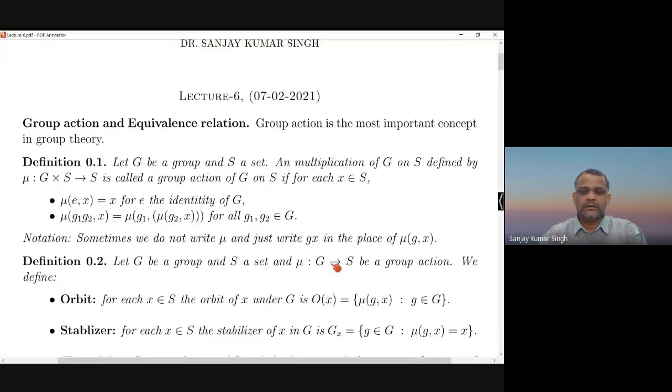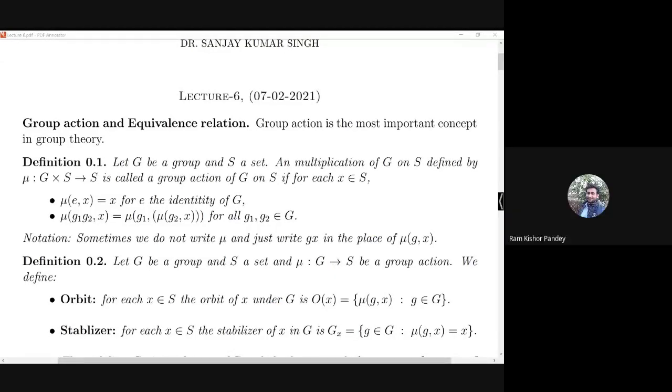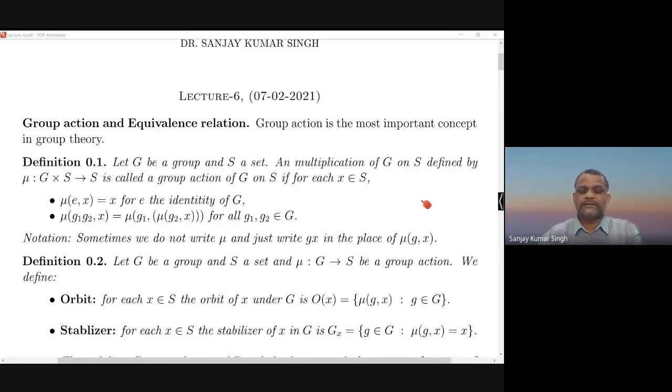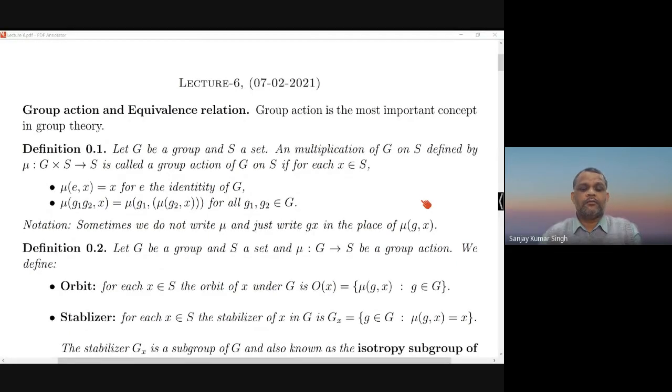Is it visible? Yes, sir. So as my title says, group action and equivalence relation. Equivalence relation we have already seen, and I recall that a relation is always the same as giving a partition of any set.